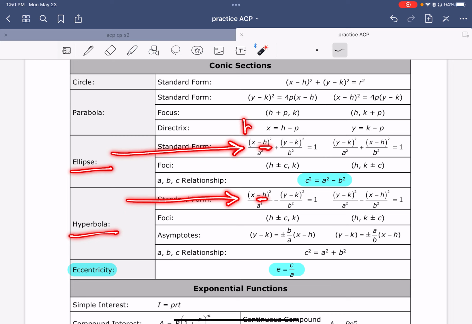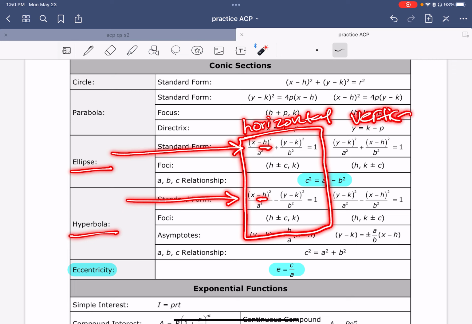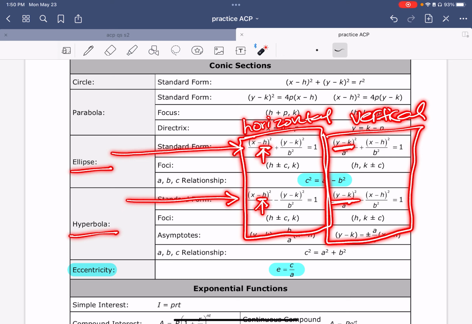That h can be a trigger for you to remember horizontal, meaning that all of these here are for the horizontal side. And by default, the second ones have to be for vertical. Notice that the vertical ones don't start with H, they start with K. So if it starts with the letter H, it's for horizontal.